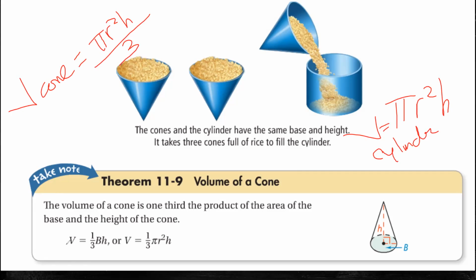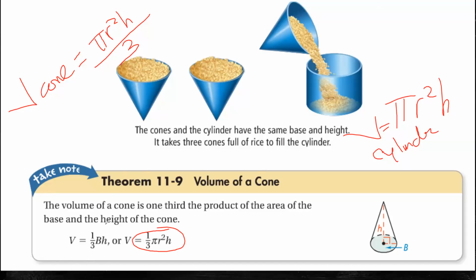It's like third bh also. So it will be third pi r squared h. This is the volume of the cone. So the volume of a cone is 1/3 the product of the area of the base and the height of the cone. This is the volume of the cone.